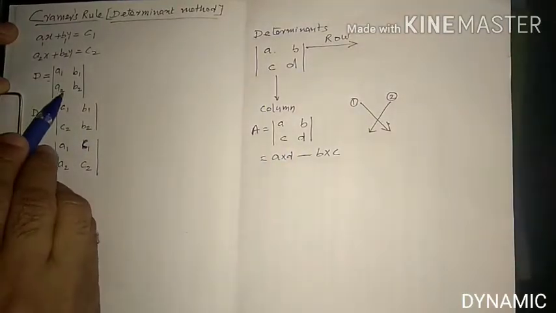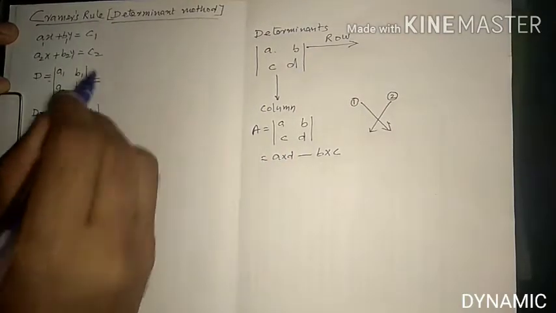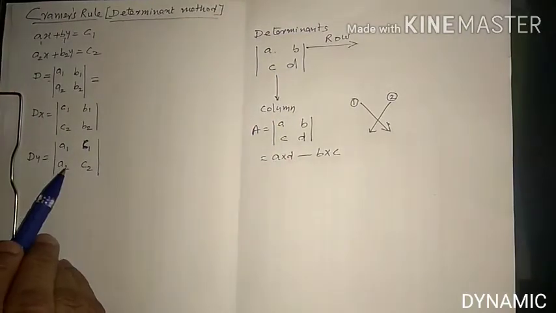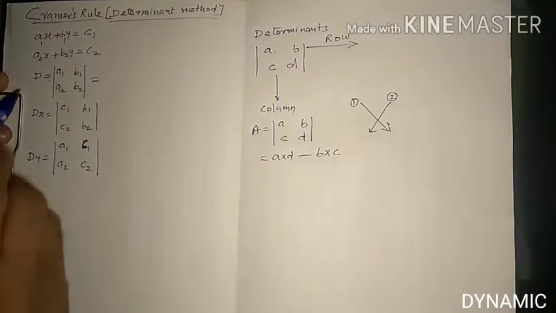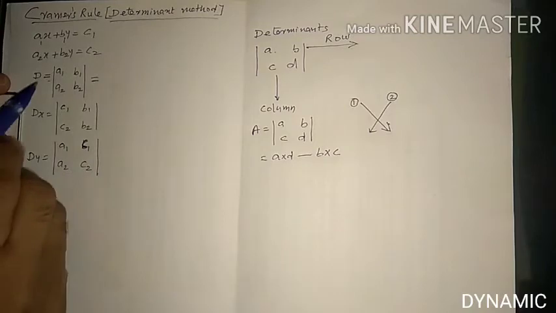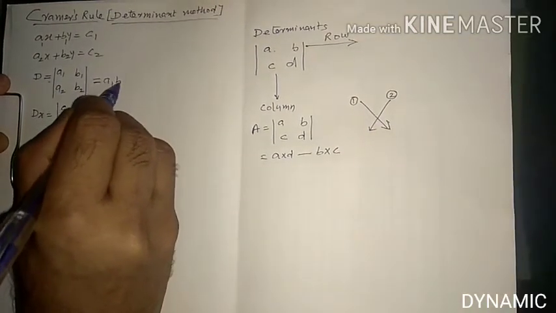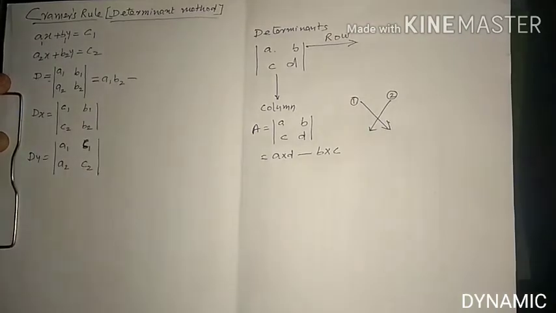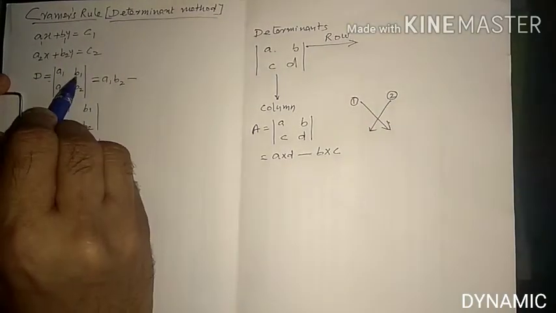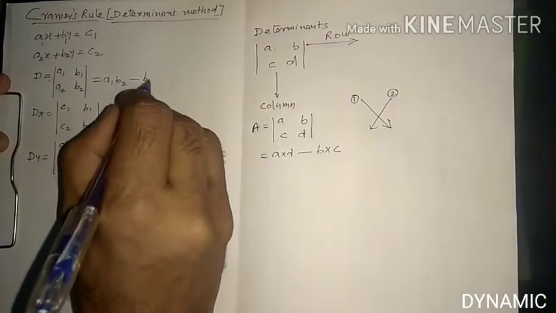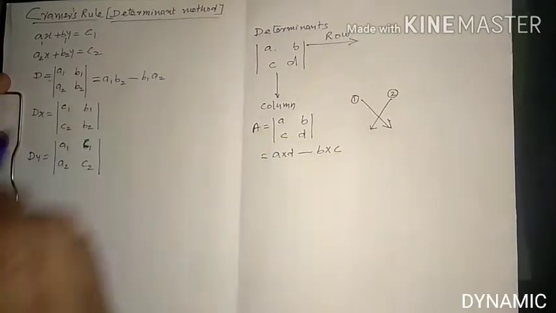So here we have to expand now by using the determinants method, that is Cramer's rule also. D is a1 into b2 minus b1 into a2.